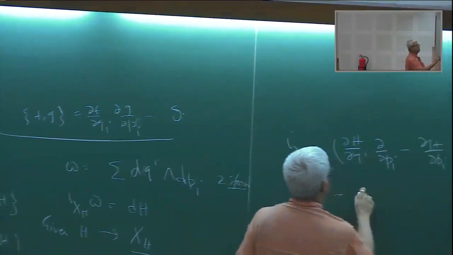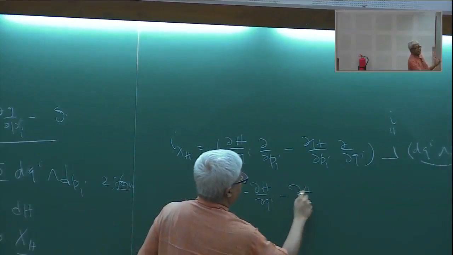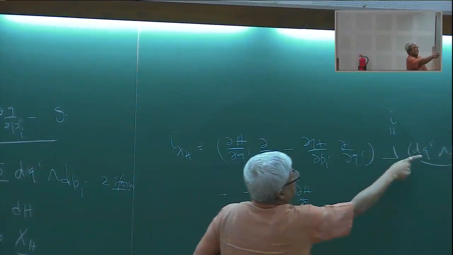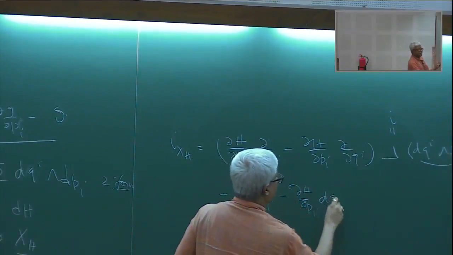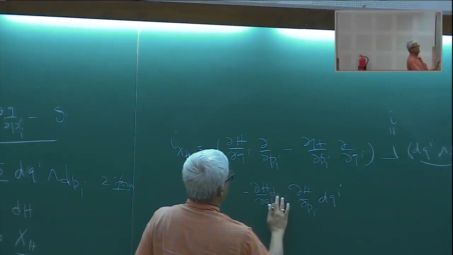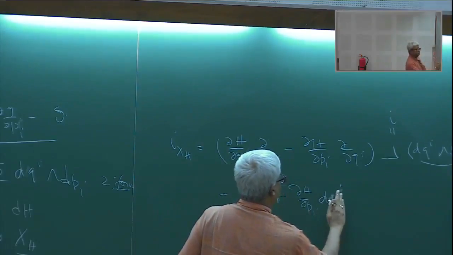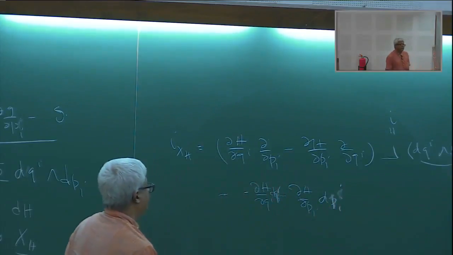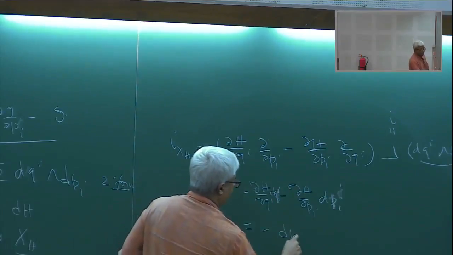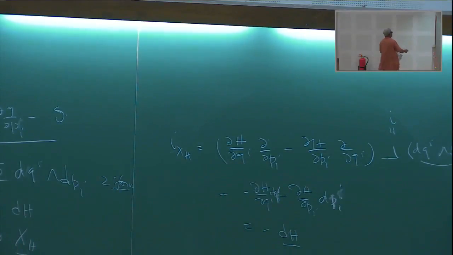So this gives rise to minus ∂H/∂q_i dq_i, minus ∂H/∂p_i dp_i, and this is actually called minus dH. Sorry, I actually took some different convention. So this is the way.